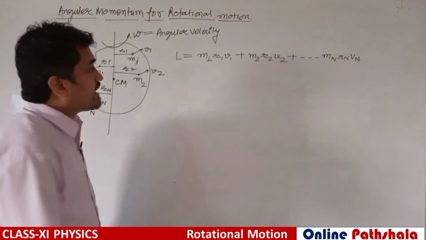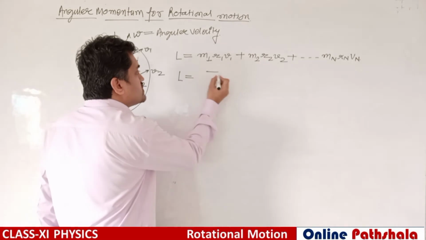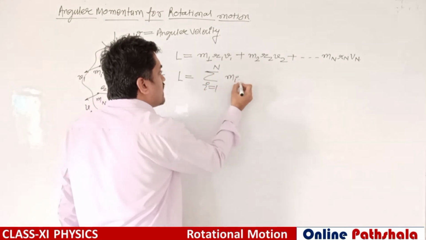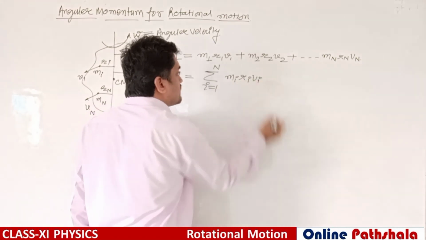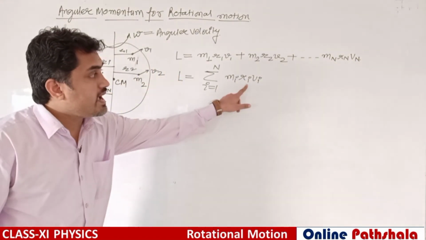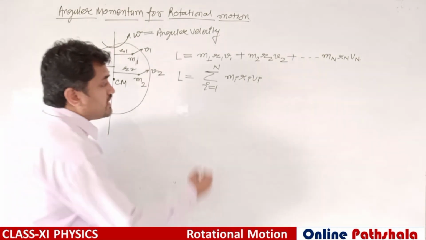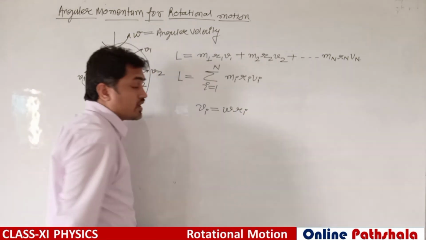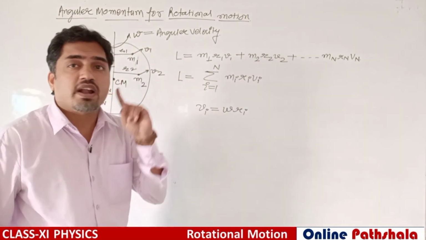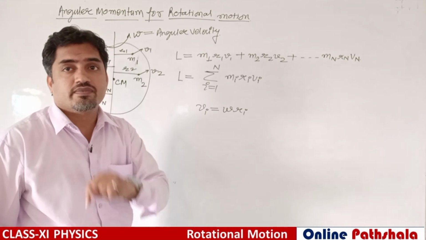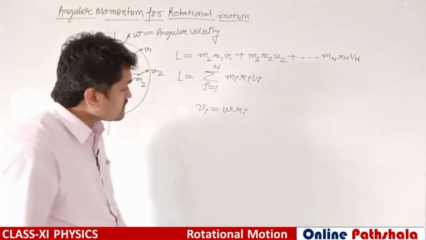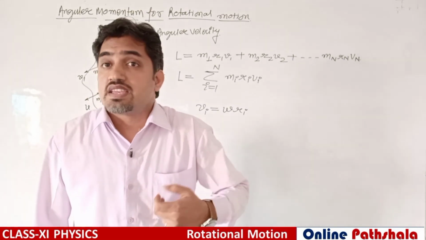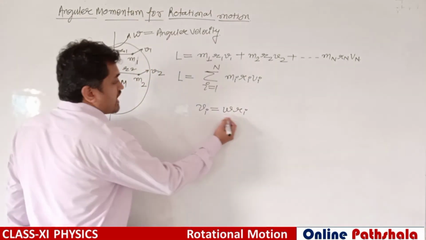We can write this as summation i equal to 1 to n of mi ri vi. This vi can be written as omega into ri. Omega is the same for each particle, because each particle moves through the same angle in the same time.